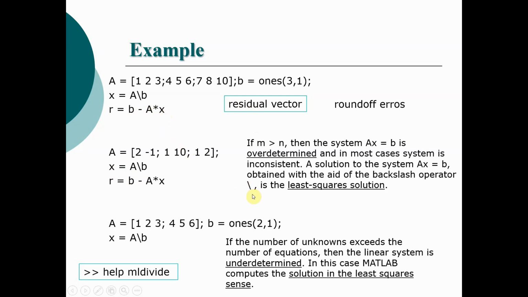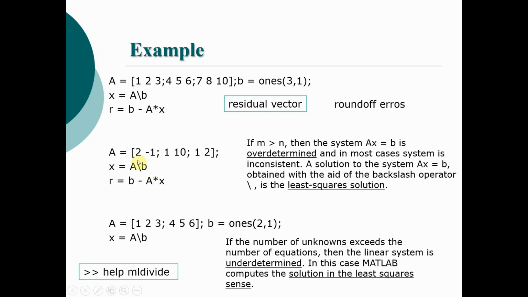So always remember that if you have a system like this, you shouldn't always trust this. You shouldn't think that this is going to be our exact solution. You always have to look at rank of A, rank of AB, and use your judgment to see if this is an exact solution or an approximate solution, right?